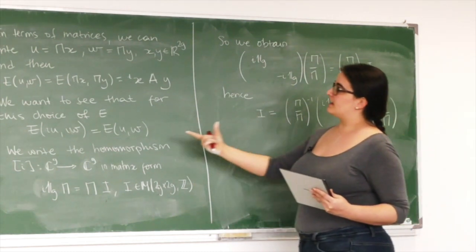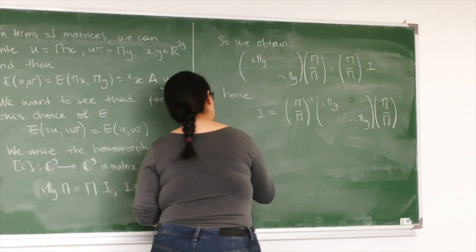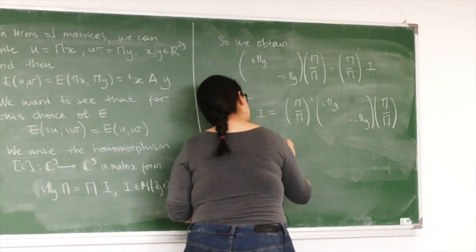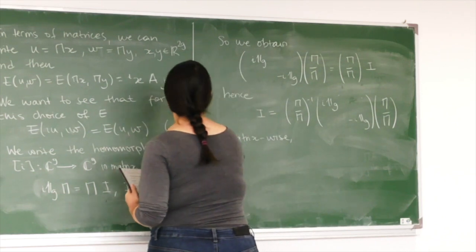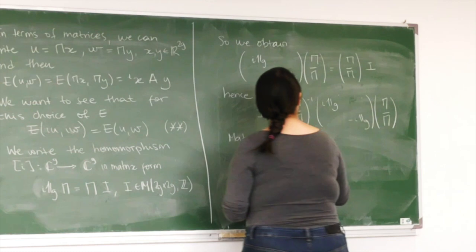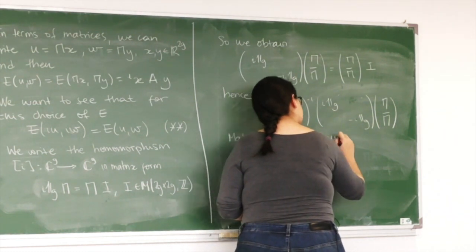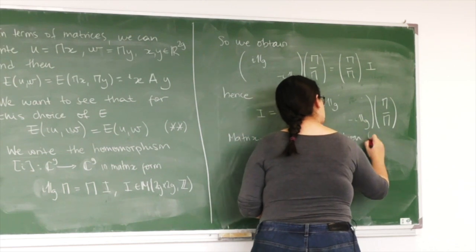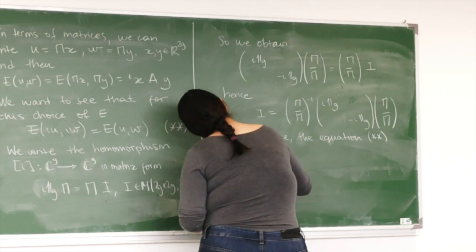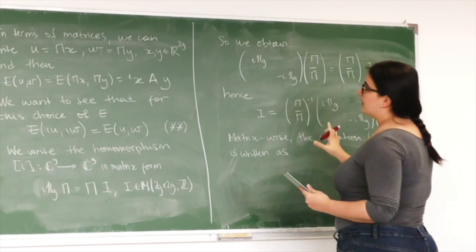So if we look at this equation that we had, matrix-wise now, the equation, I think I already used the star, so I'm going to call it two stars, is written as, and what do we mean?